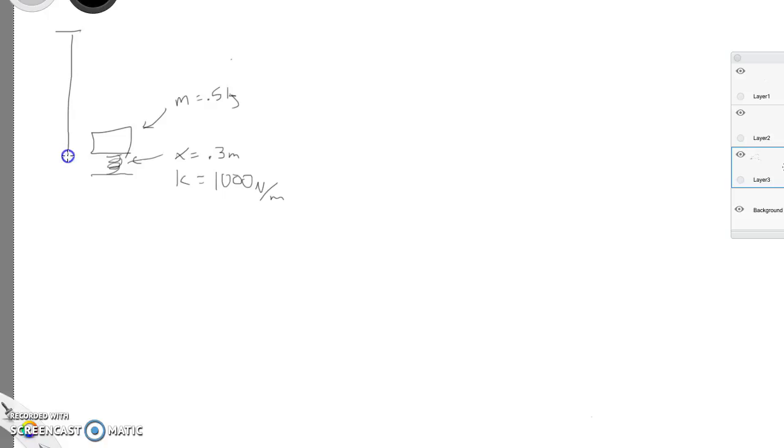The first question I'll ask is, how fast is this going when it gets to a distance of 3 meters above the spring?